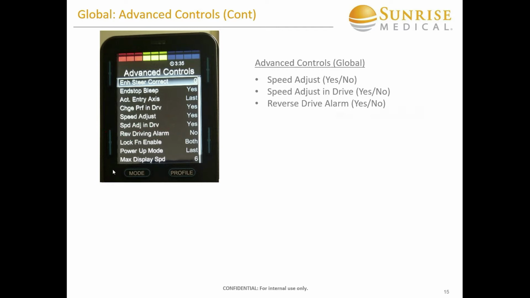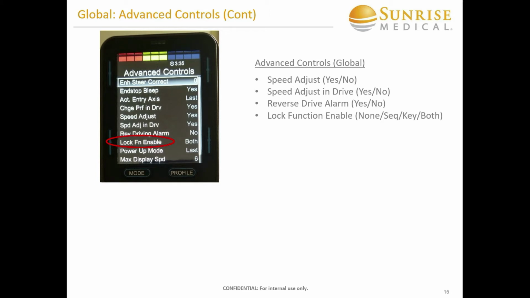Now the lock function, typically not used in our chairs because people typically don't get out of their chairs, but the lock function allows it so that if somebody is going to leave their chair, they can lock the joystick so that somebody can't just jump in it and go. You may want this at a school or something.